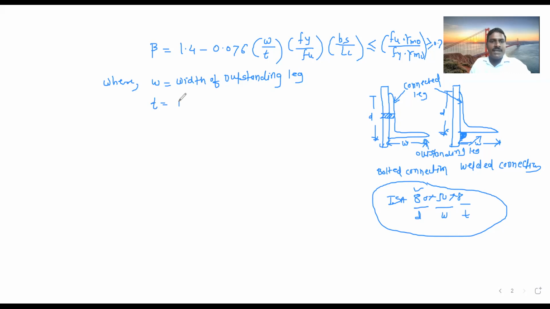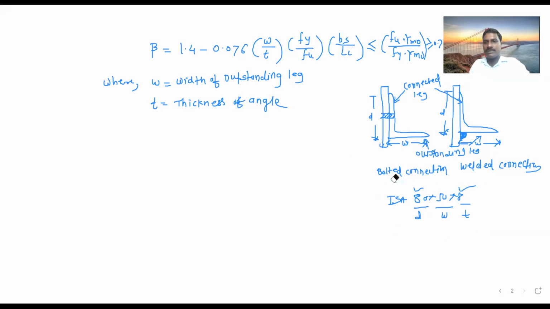Next, t. t is the thickness of angle. Again, this is 8 mm, 10 mm, 12 mm, as per whichever angle we have selected from the steel table.